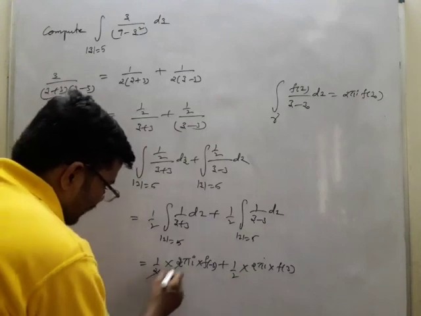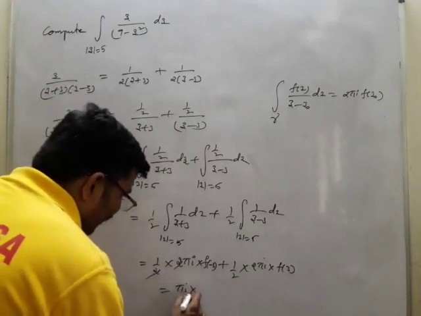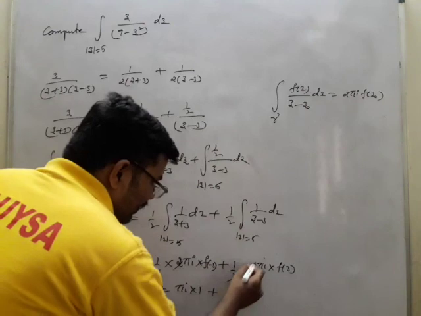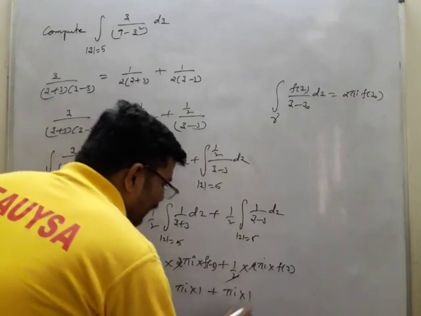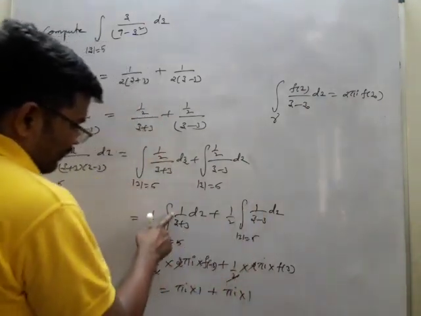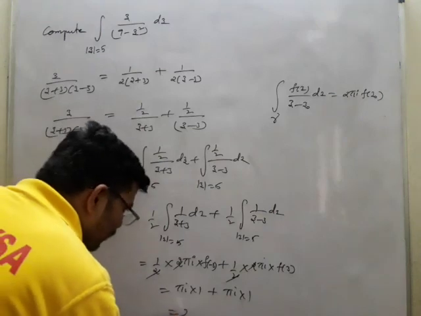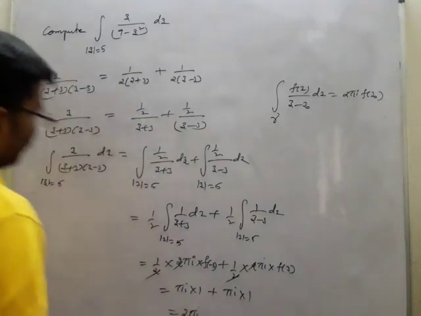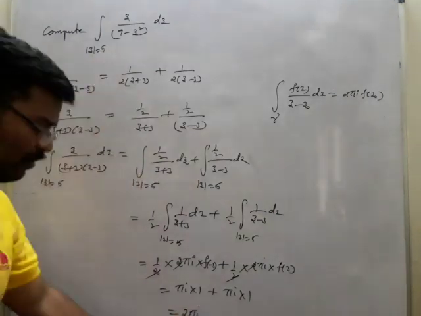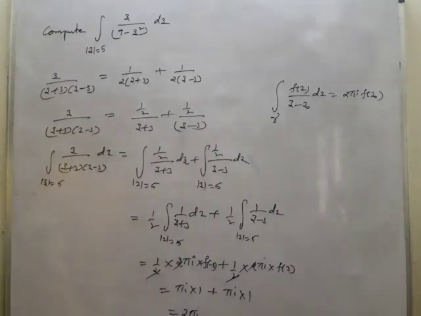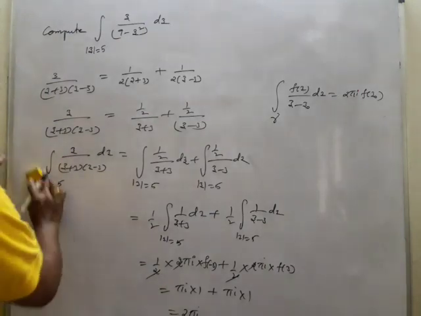This 2 gets cancelled, pi i into 1, plus this 2 gets cancelled, pi i into 1. F of 3 is nothing but 1, this is also 1. So this is 2 pi i. The value is nothing but 2 pi i because it is in the region. This is how we can do the problem.